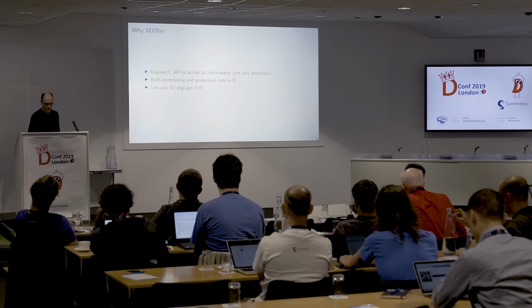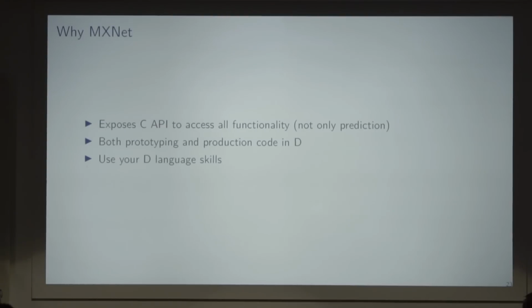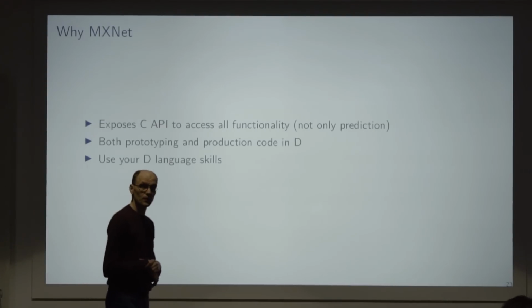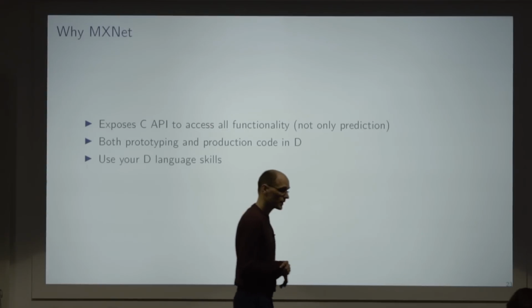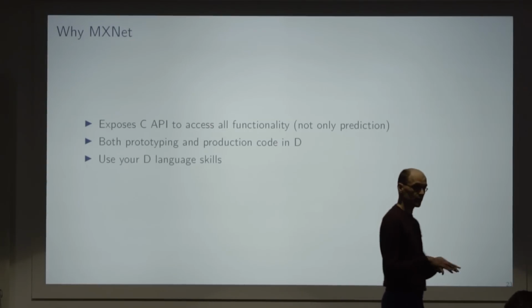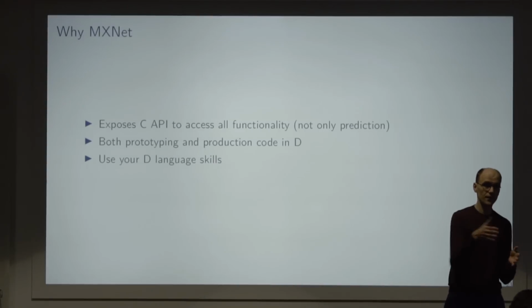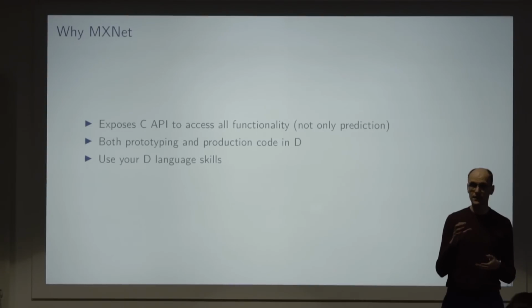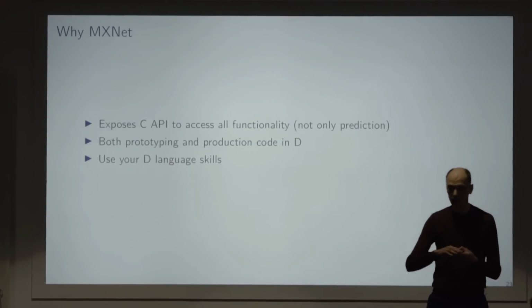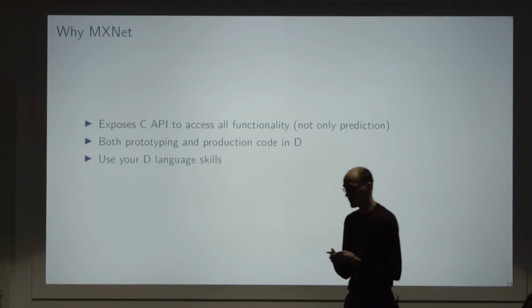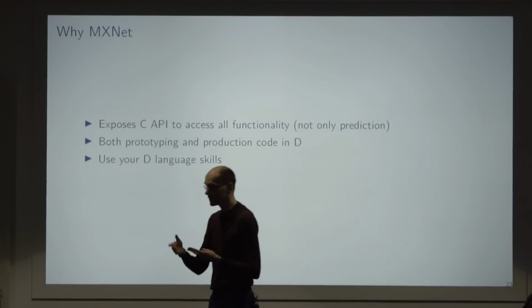All right, so why nevertheless did we choose to go with MXNet? MXNet has one property that sets it apart from all of the other libraries. It is that it exposes all of its functionality through a C API. So with the other frameworks, usually you cannot access all of the functionality. Usually you only get essentially the execution of the graph, but you cannot make gradient update steps or even calculate the gradients.